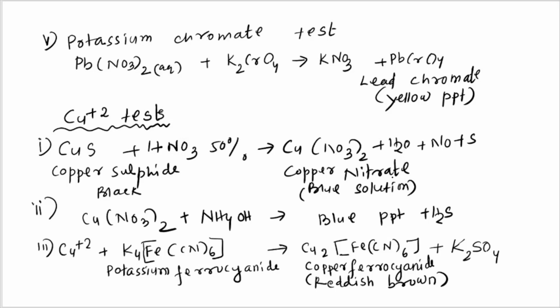The reaction is very fast and proceeds very well in the presence of acetic acid, and the byproduct potassium sulfate is colorless. So the reactions involved in the test for Pb +2 and Cu +2 you should remember, otherwise you can't proceed easily with the confirm tests for the different cations.